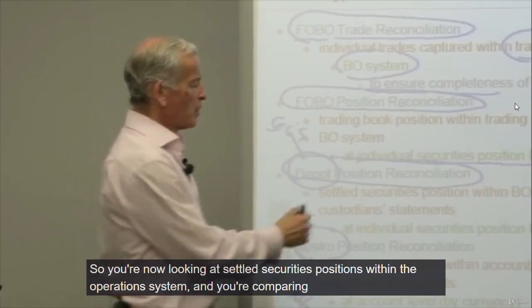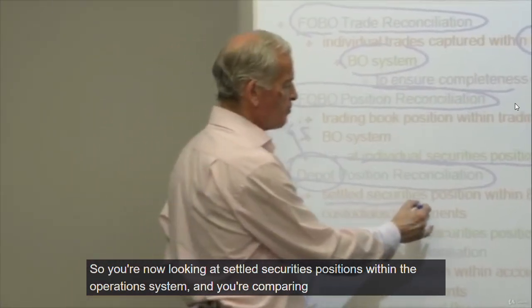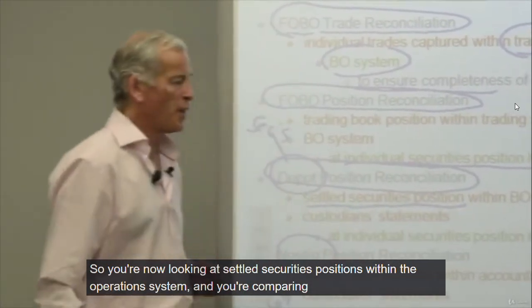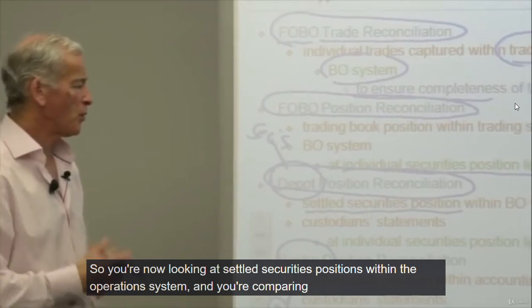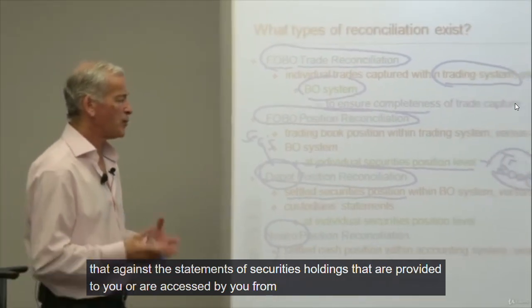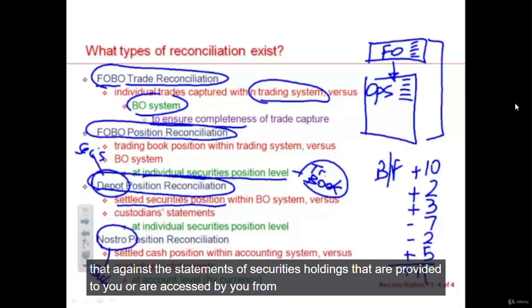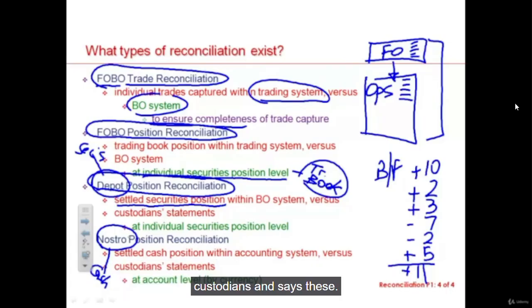So we're only talking of securities balances, and that is securities balances with CSDs or custodians that you are using. So you're now looking at settled securities positions within the operation system, and you're comparing that against the statements of securities holdings that are provided to you or are accessed by you from custodians and CSDs.